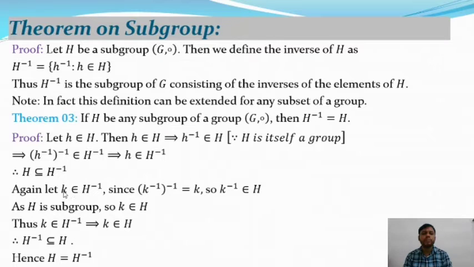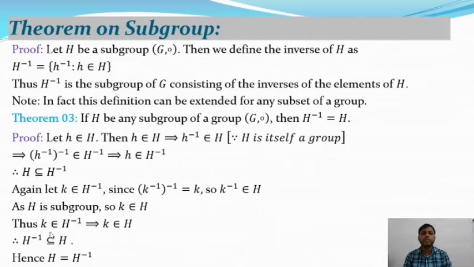So if we replace k by the inverse of k inverse, then the inverse of k inverse belongs to H inverse. So from this we get k inverse belongs to H. So as H is a subgroup, k belongs to H. So k is an element belonging to H. Thus k belongs to H inverse implies k belongs to H. So therefore H inverse is a subset of H.